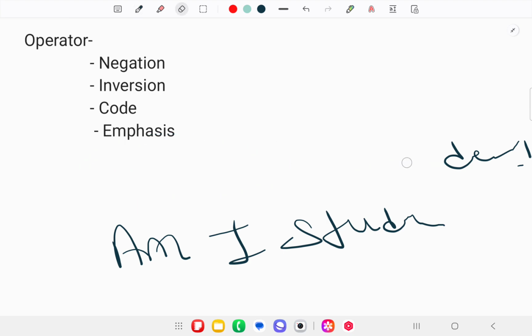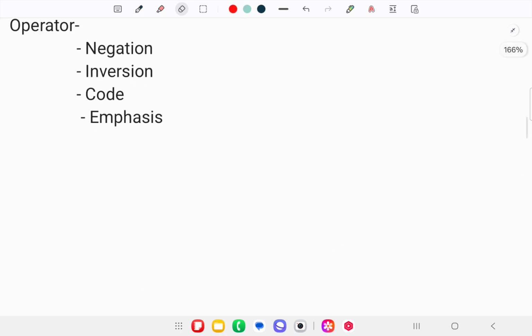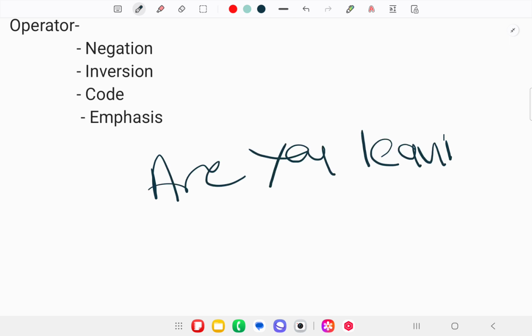Okay, next we have another point, that is code. What does code mean? Code means the operator can stand alone in a sentence when the main verb is understood or implied. For example, if I say to you, are you leaving, you will directly say yes I am.